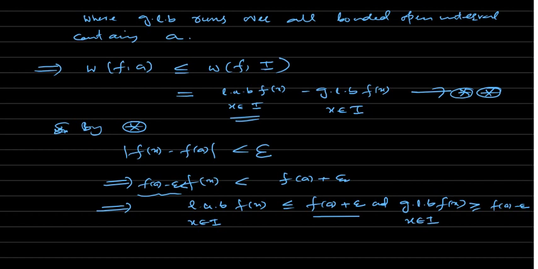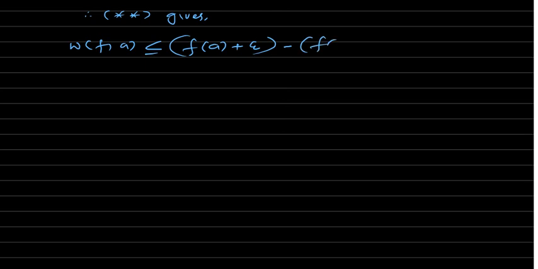Therefore double star gives that the oscillation of f at a is less than or equal to f(a) plus epsilon minus (f(a) minus epsilon), which is equal to twice epsilon.